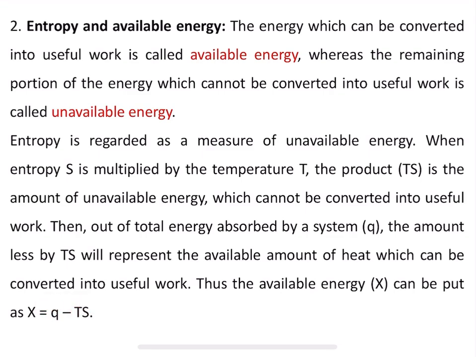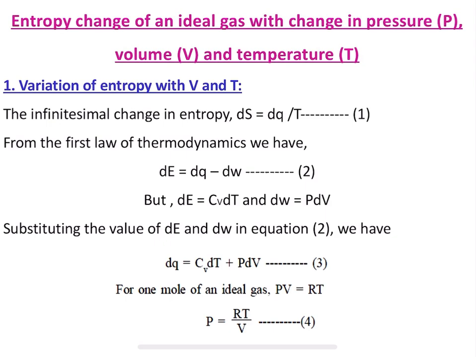This is how we can understand entropy and available energy, which helps us define the physical meaning of entropy. Next, let us see the entropy change of an ideal gas with change in pressure, volume and temperature. The first case is variation of entropy with volume and temperature.